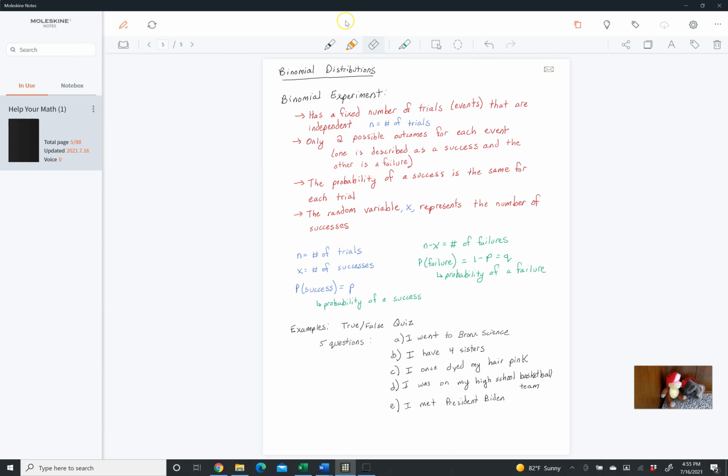Okay, so let's put in our variables here. N is 5. There are 5 events. In this case, an event is a question. Our X, the number of successes, is going to be unknown. X is how many you get right.